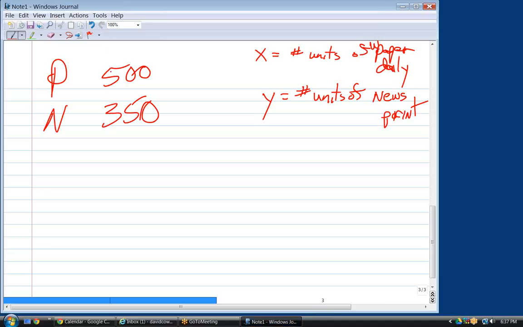What's this 500 again? That's the profit on each unit of writing paper, and this is the profit on each unit of newsprint.